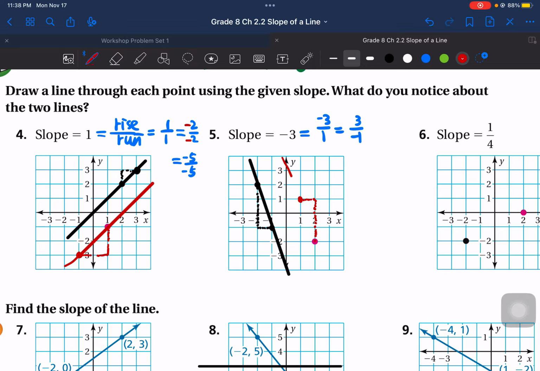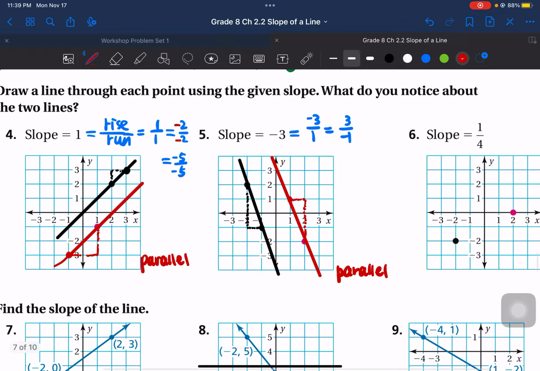And then we connect the 2 points. And then you'll find they're also parallel to each other. I want you to do number 6 by yourselves.